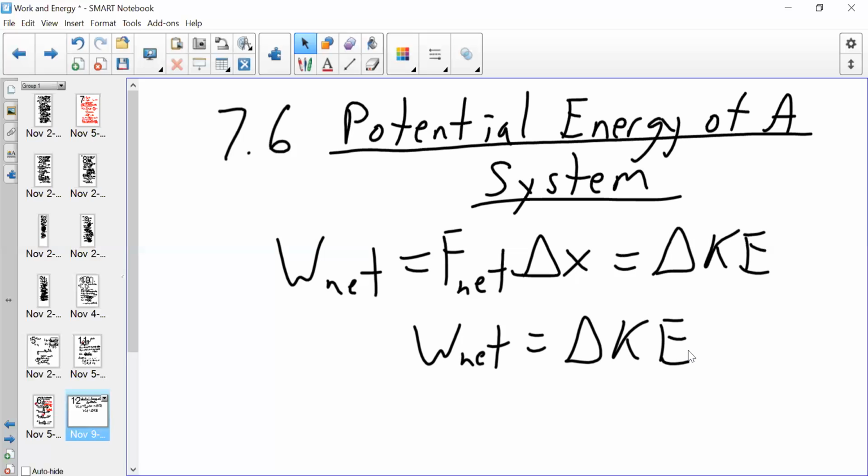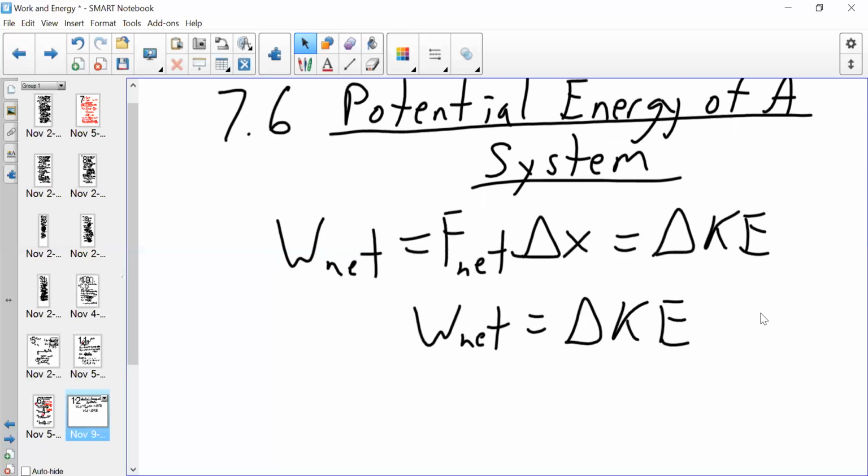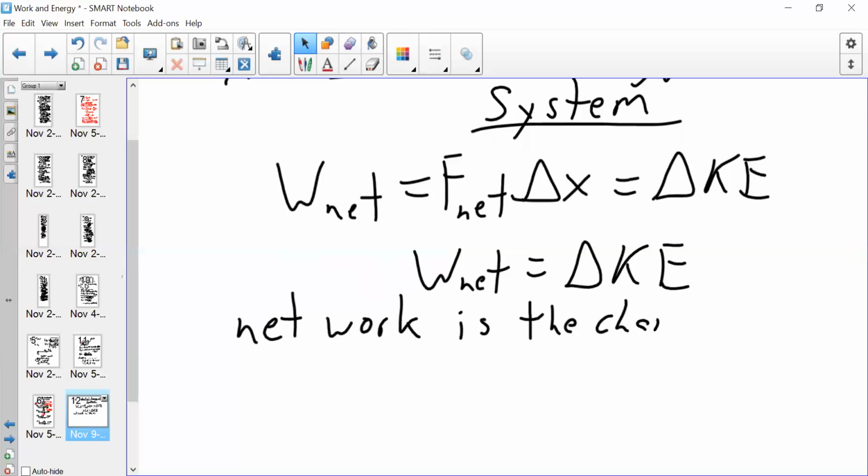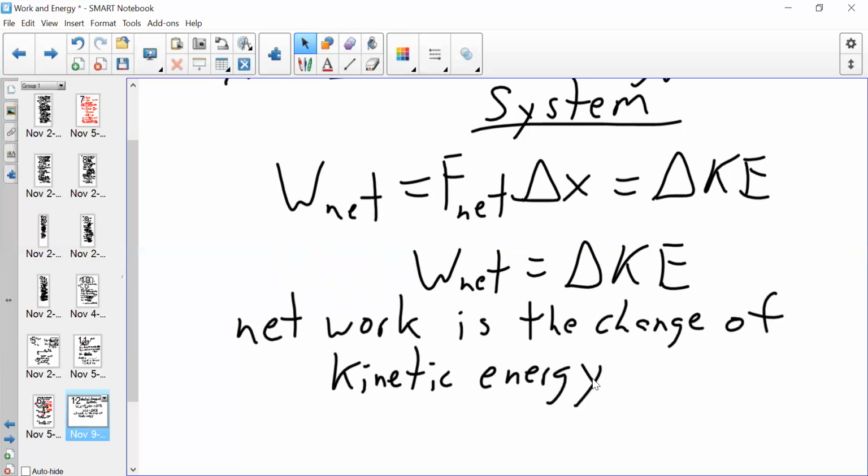And we did problem number 29 and some other problems to apply this.